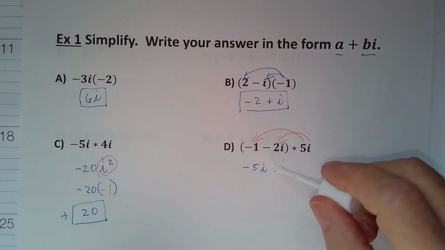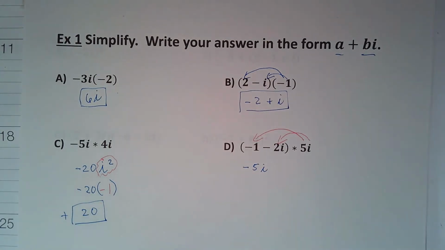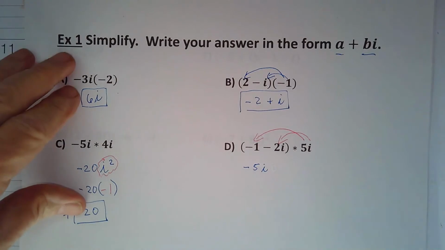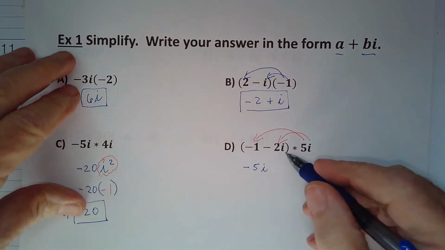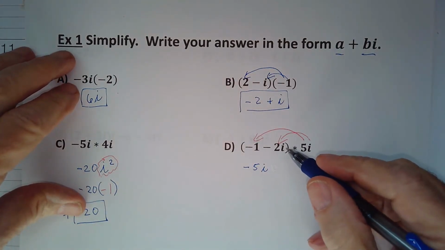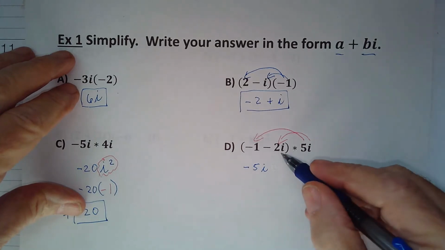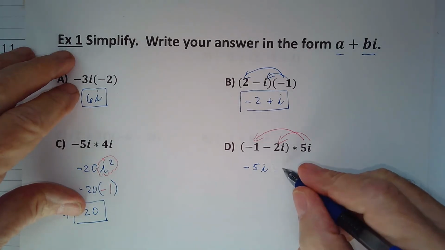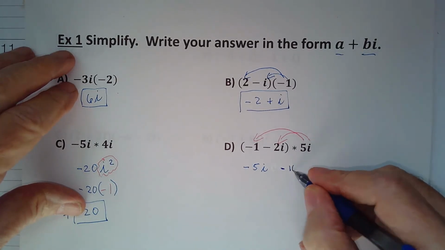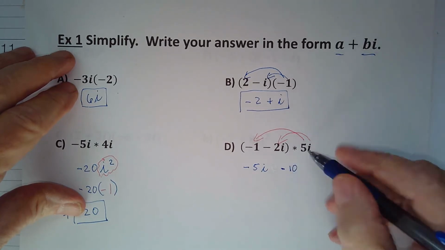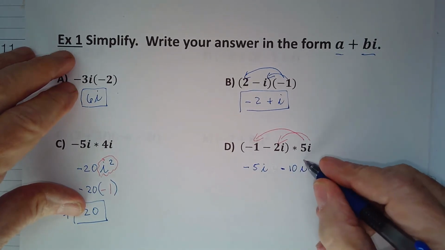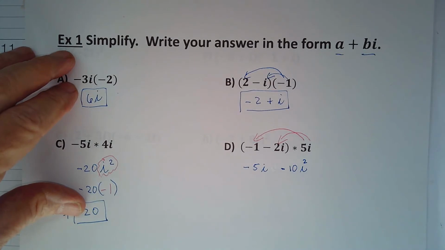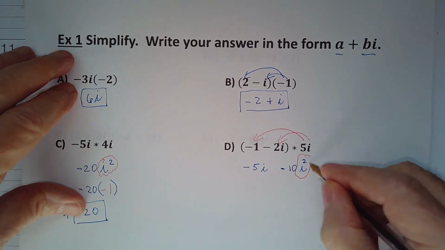So, let that dry a little bit, and I'll just give it a little extra space. So negative 5 times, positive 5 times negative 2 is negative 10, right? And then I've got i times i, which is i squared. Okay, so again, we've got an i squared here, right?